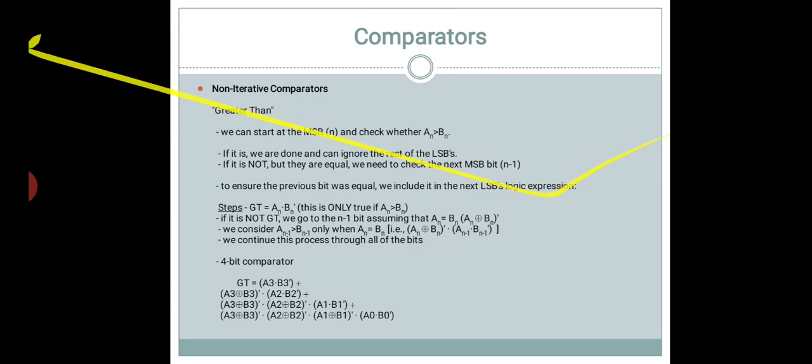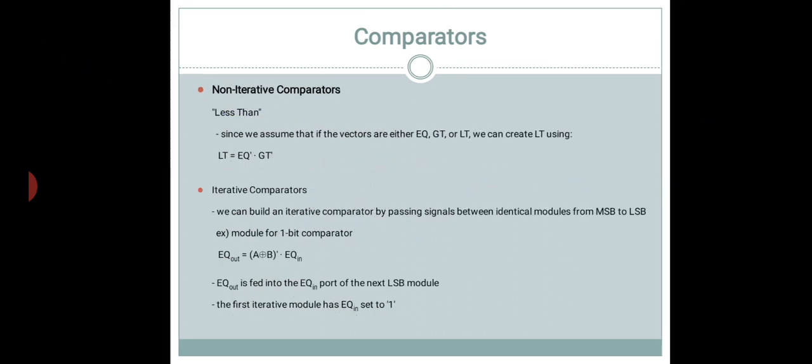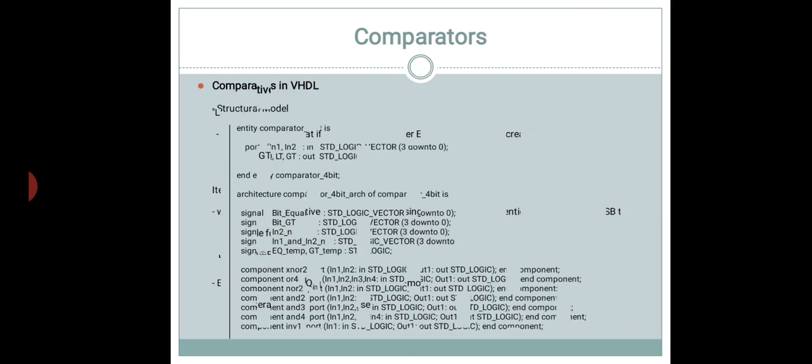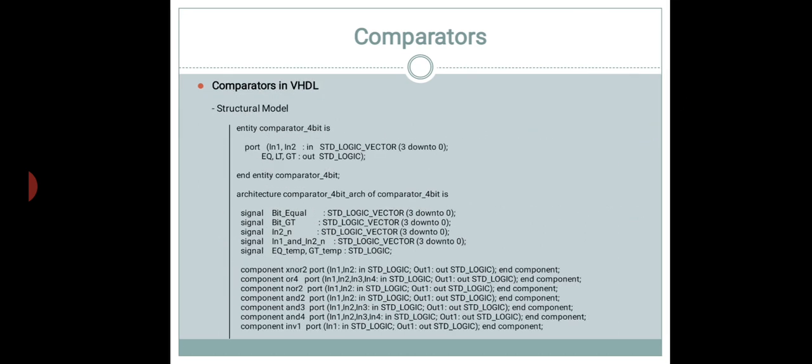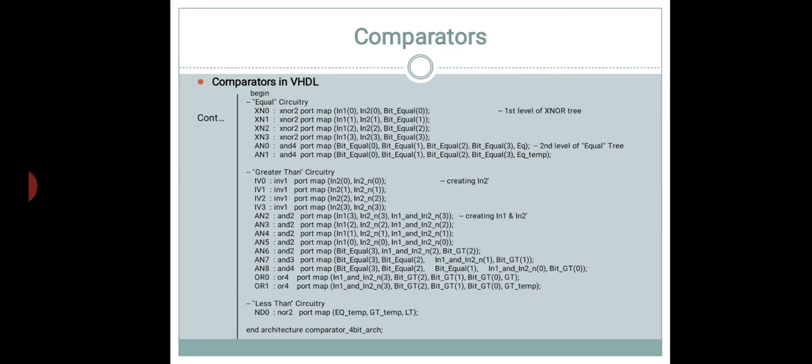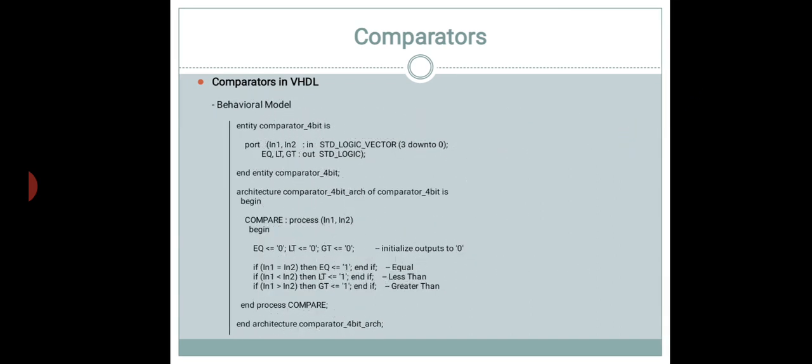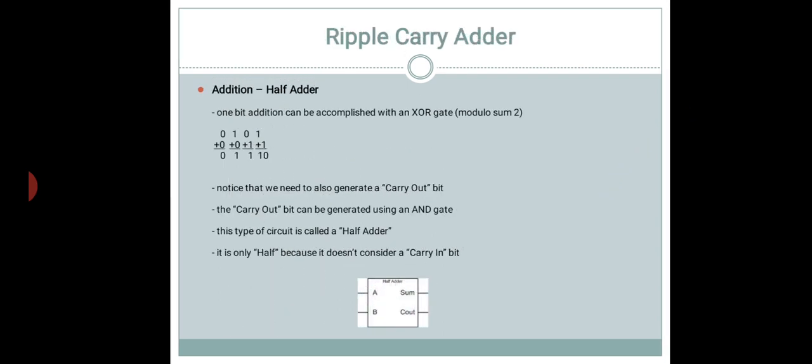So this way we can have greater than, less than and equal to logic, for which, by defining the component and instantiating it, we can write VHDL code for a 4-bit comparator and a 1-bit comparator. By using the process statement also, we can write VHDL code for the comparator.